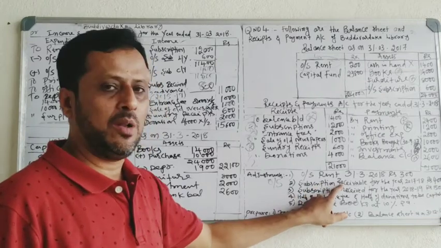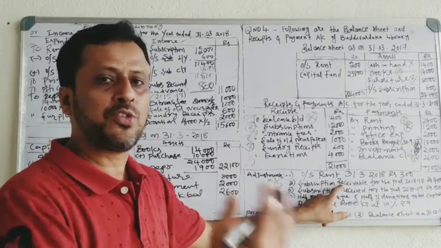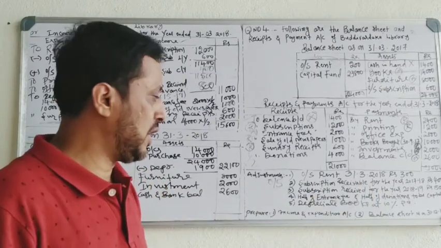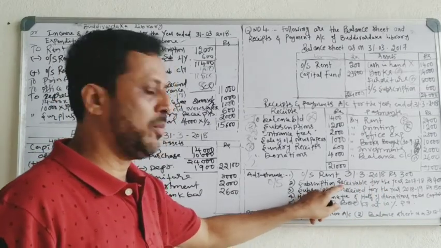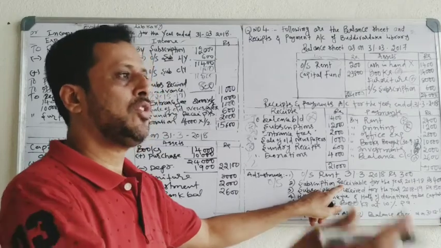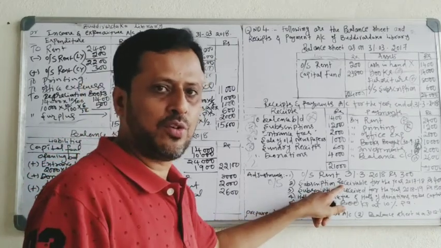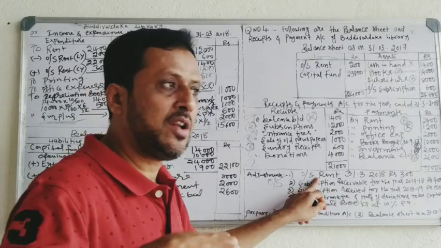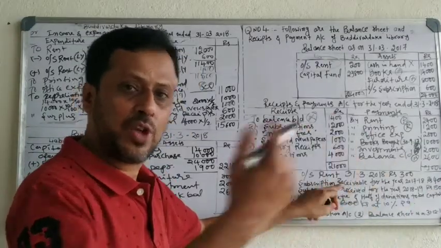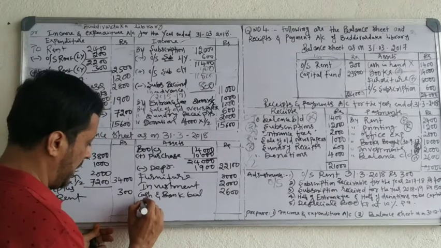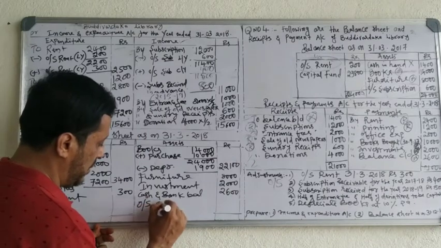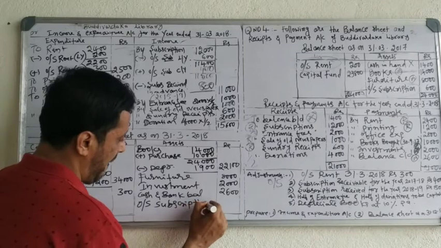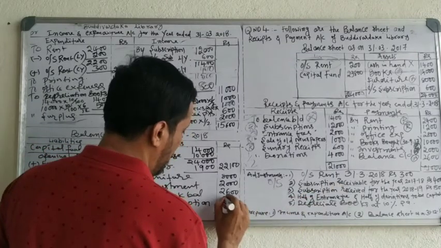Subscription receivable means the organization has to receive the subscription. Receivable means they have to receive it for the current year. Subscription receivable means outstanding subscription. So the organization has to receive, it is an asset. Outstanding rent, the organization has to pay. Outstanding subscription, the organization has to receive, asset side. How much? 400.